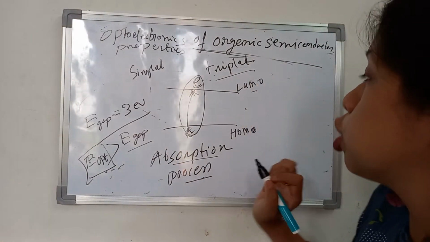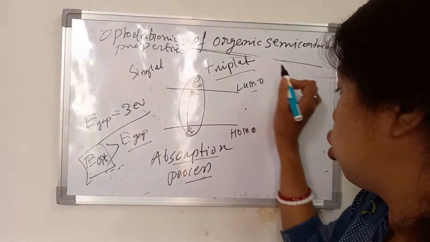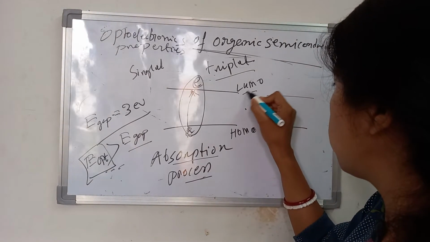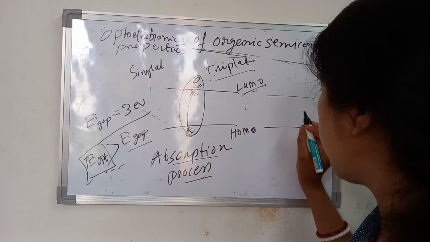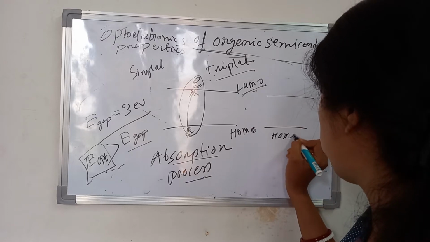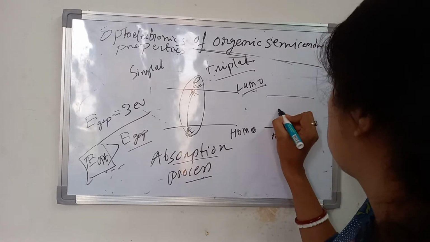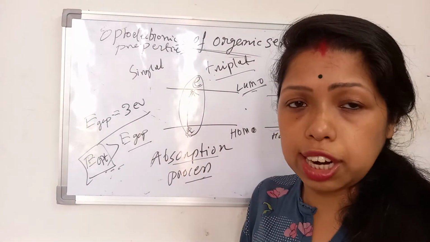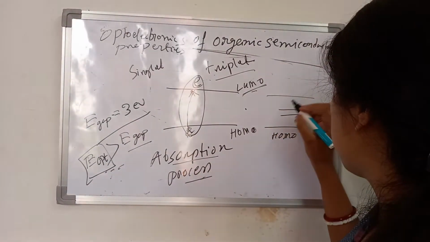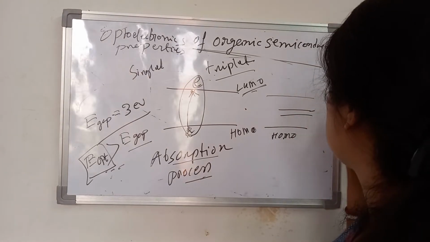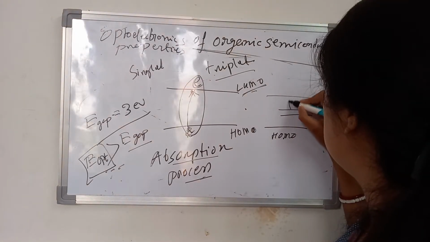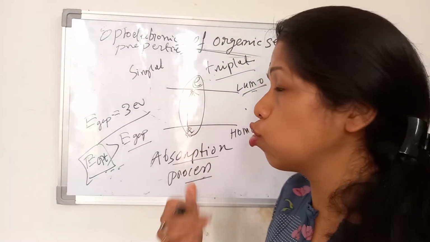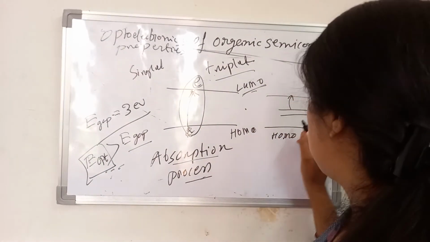Next is the triplet electron-hole pair, or triplet exciton. When will it be produced? Normally, in an organic semiconductor there are lots of trapped states. If a transition occurs from a higher level to the next higher level, then a triplet exciton will be created.